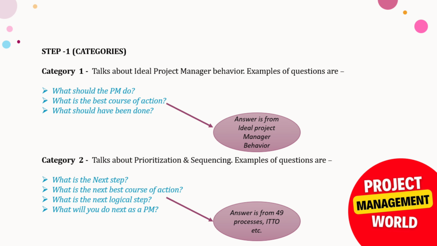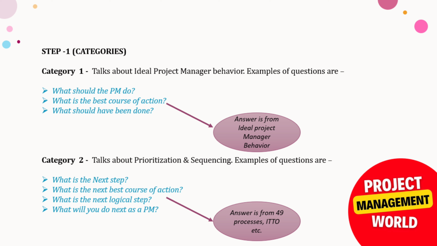Let's see what types of categories we have under step 1. We have these two categories. Category 1 talks about the ideal project manager behavior. Some example questions are: what should the PM do? PM means project manager. What is the best course of action? What should have been done?